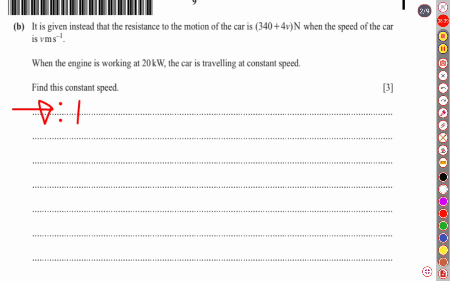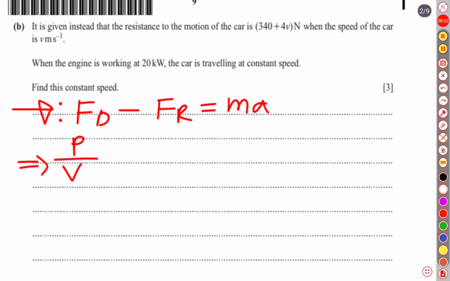Then our concept is driving force minus resistance force is equal to mass into acceleration. So driving force is again the same formula, power over velocity, minus resistance to motion, which is given as 340 plus 4V. Instead of plus, let us write minus 4V.